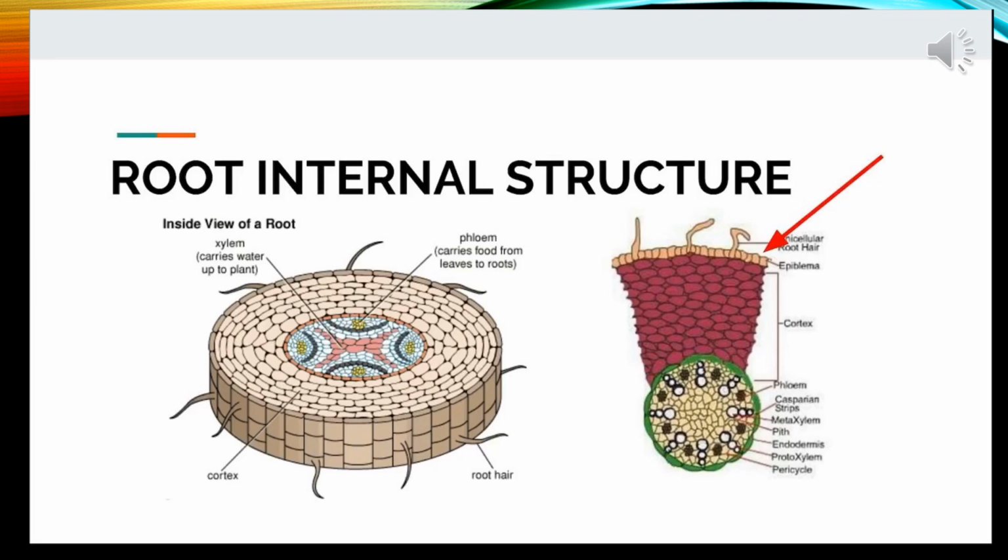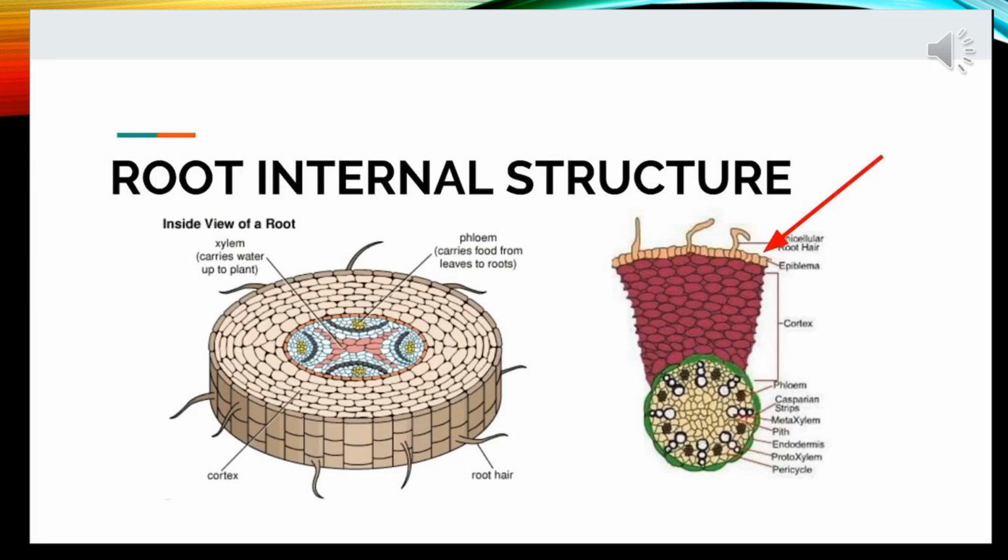In that, you can see an outer layer of cells with small outgrowths. This outer layer of cells is called the epidermis and the outgrowths are the root hairs. So, we can say root hair is the outgrowth of the epidermal cells of the root. Below that, there are many layered cells.